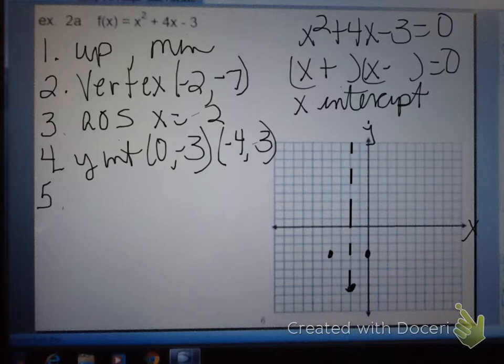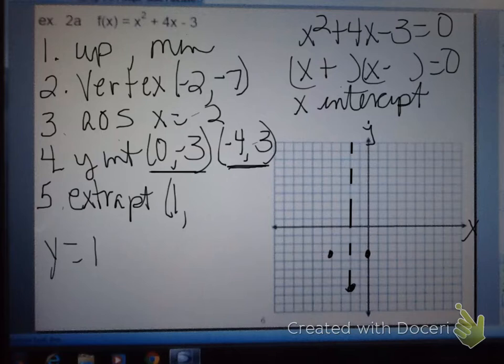What is to the right of this point? X would be 1. Or to the left of this ordered pair, x would be negative 5. So I would strongly recommend either putting 1 for x or negative 5. The easiest one is 1. So I'm going to put 1 into the equation.